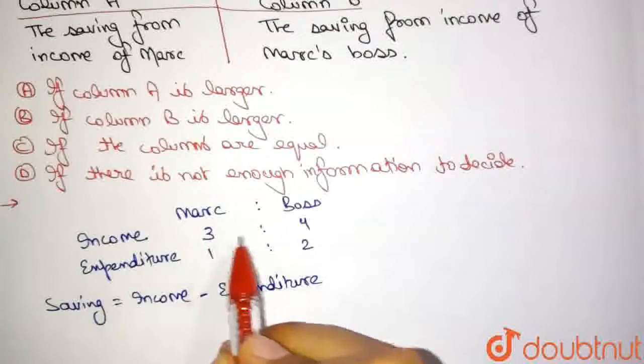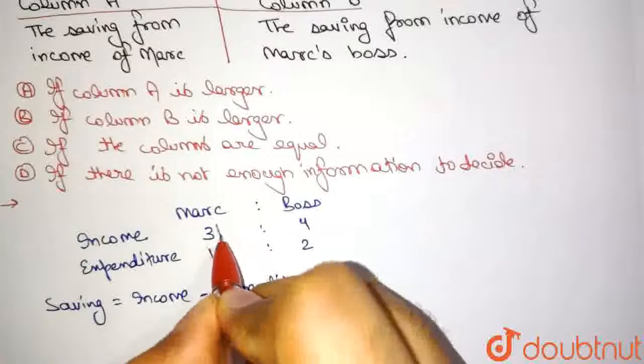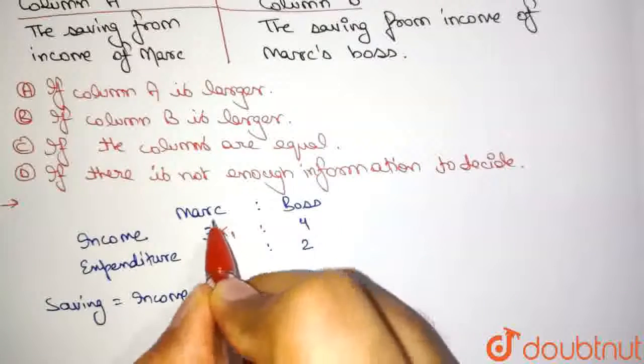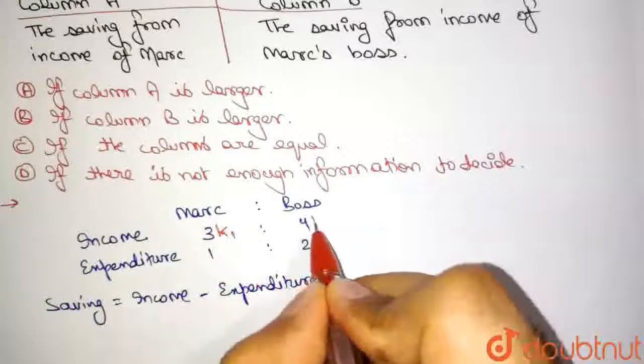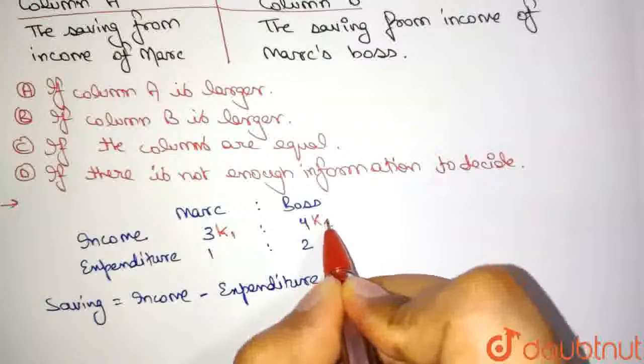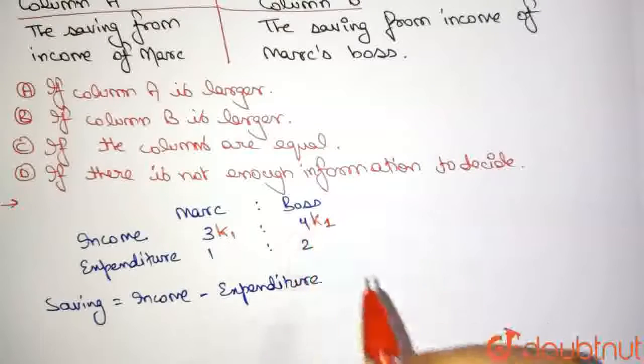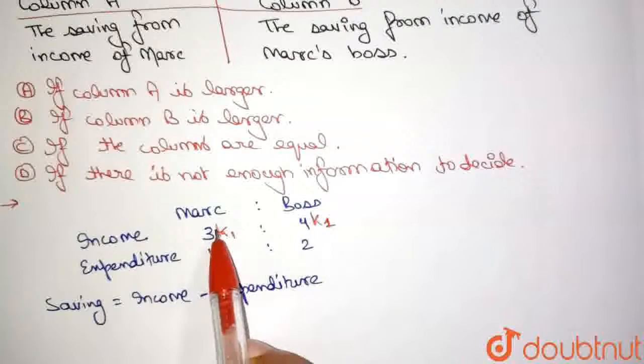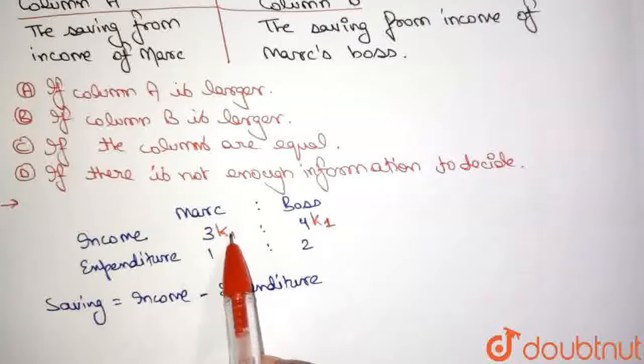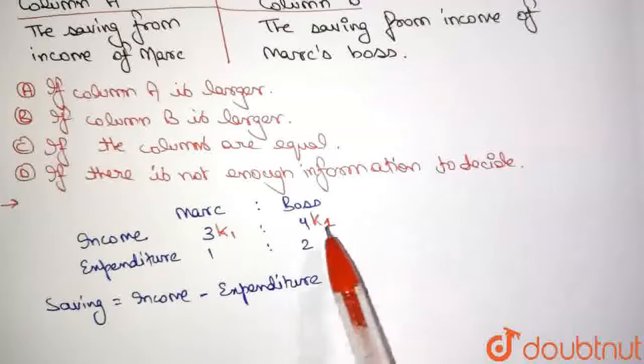It is in the ratio 3:4 multiplied by some constant k1. So 3k1 is the actual value for Mark's income, and 4k1 is the actual value for the boss's income.